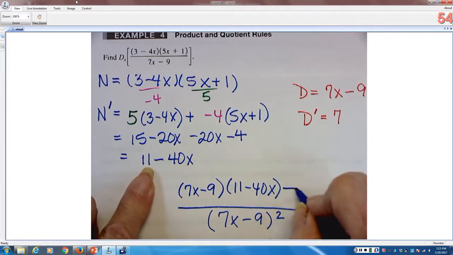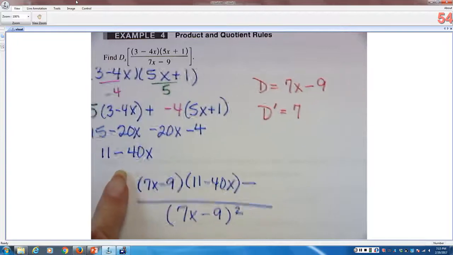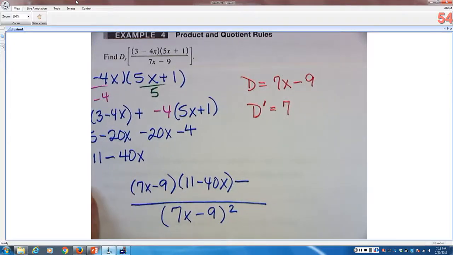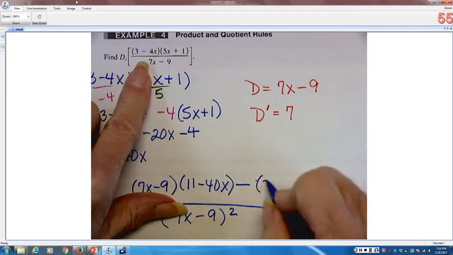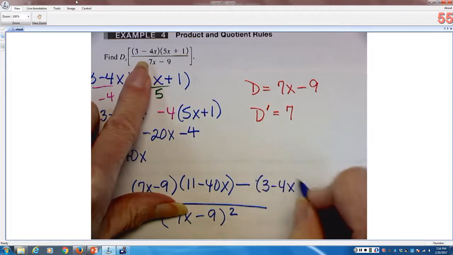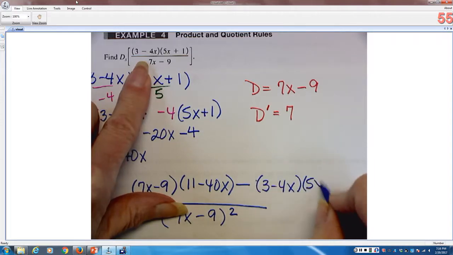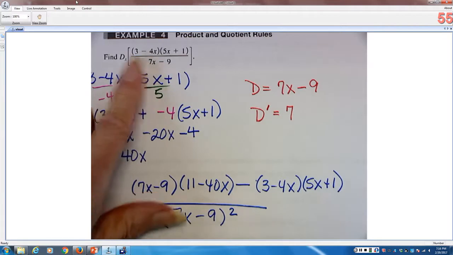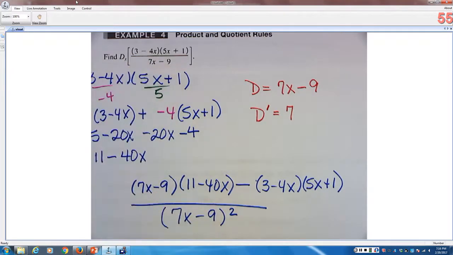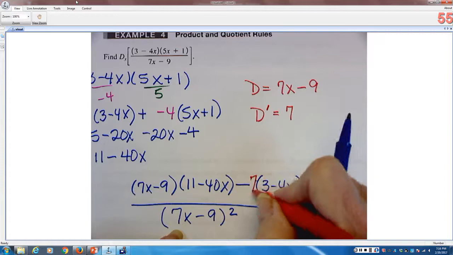And then we're going to subtract the numerator, which I'm going to slide over so we can see it all. We're going to take the numerator, which is the 3 minus 4x times 5x plus 1, and multiply it times the derivative of the denominator, which fortunately is just 7.